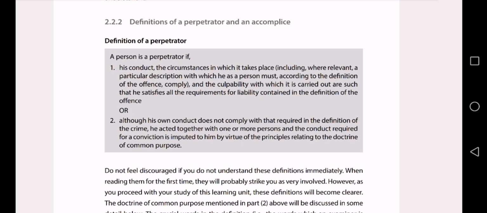Or, although his own conduct does not comply with that required by the definition of the crime, he acted together with one or more persons, and the conduct required for conviction is imputed to him by virtue of the principles relating to the doctrine of common purpose.